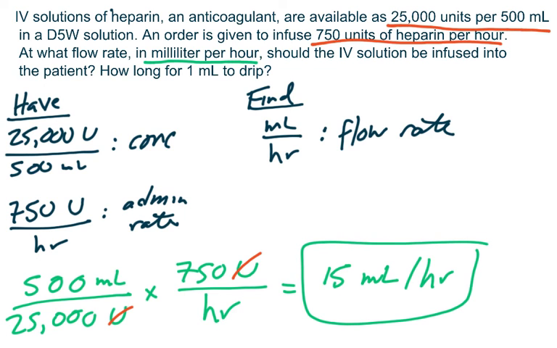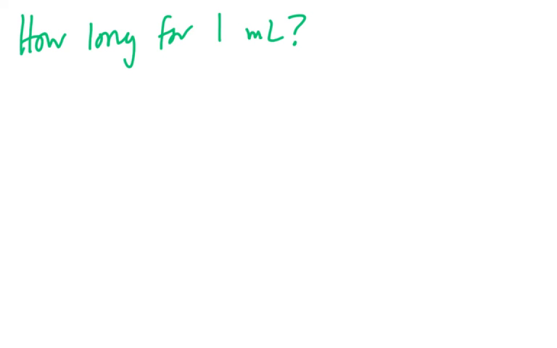Okay, now the next question is like a bonus question, right? How long will it take for 1 milliliter to drip? So this question relies on the answer we just got. When you say how long for 1 milliliter, what that really means is time per milliliter, right?